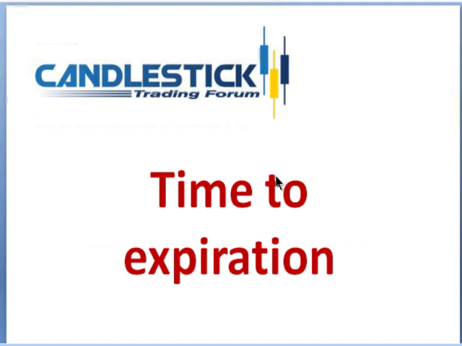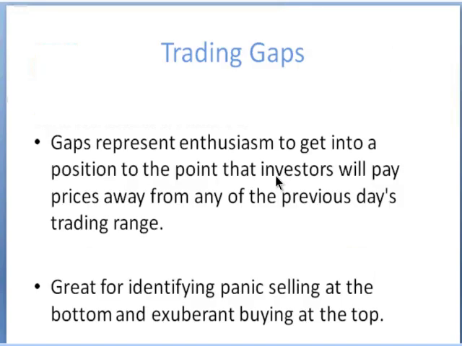So one of the benefits we have using candlestick signals is we can see what strength is coming into an option or a potential option trade based upon a candlestick signal and a gap up. That provides a much stronger analysis.